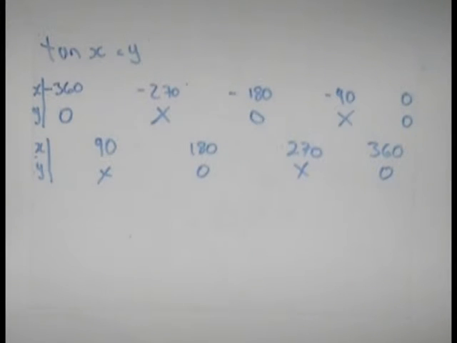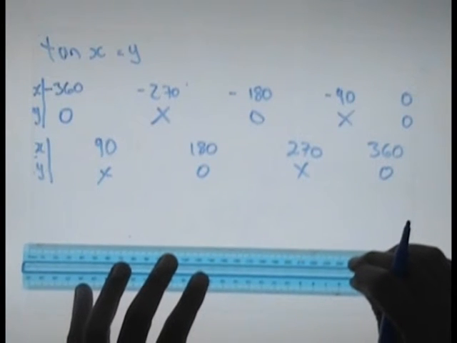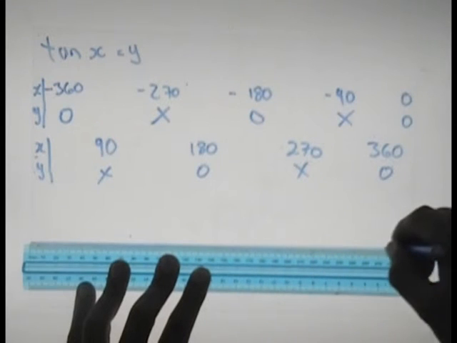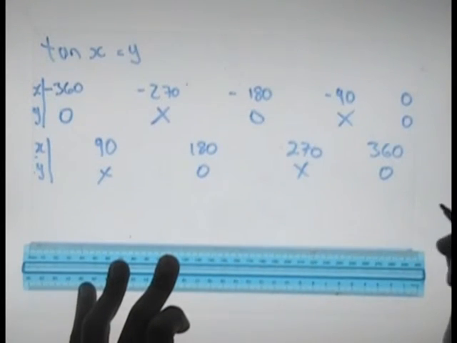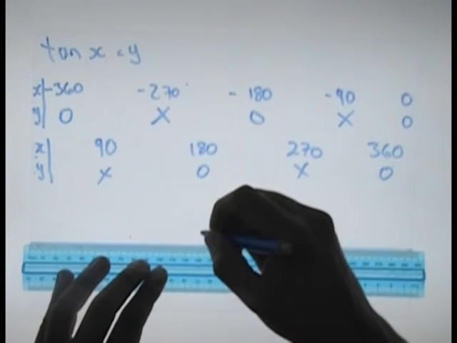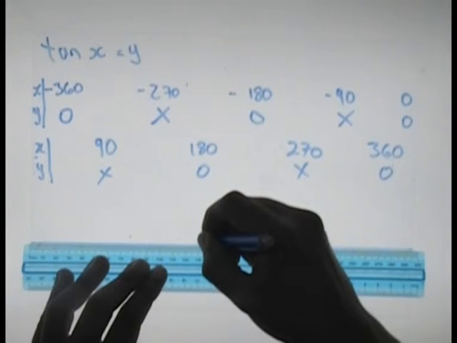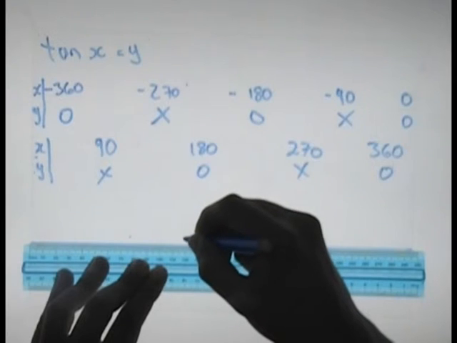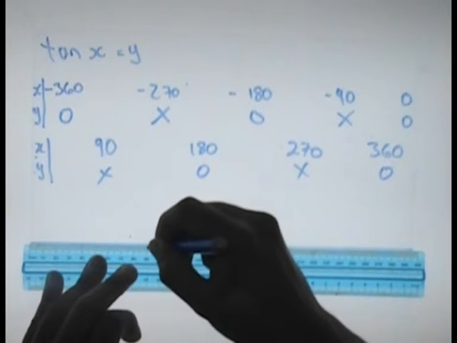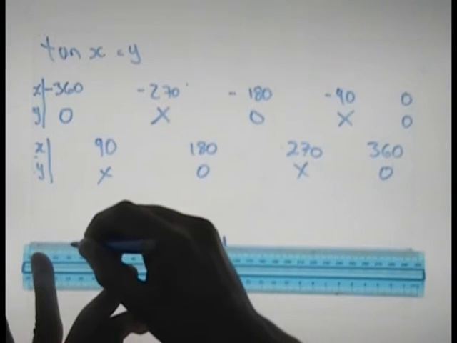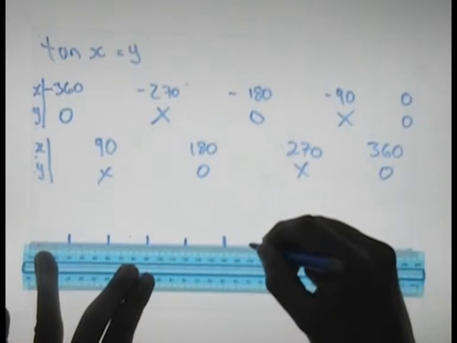Okay, let's start by sketching in this graph, or by trying to sketch in this graph, and let's see where we come to. Let's make that the middle. Negative 90, negative 180, negative 270, and negative 360.